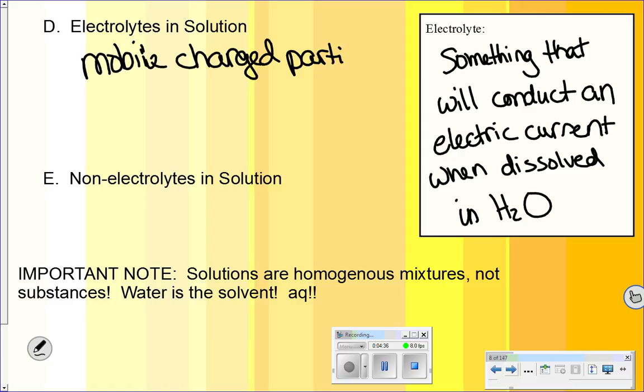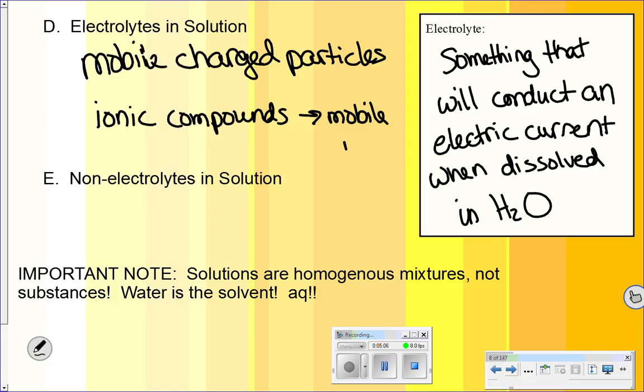We talked about this in the last unit. In order to conduct electricity, you need mobile charged particles. Our mobile charged particles in this case are going to be ions in solution. So things that are going to be electrolytes in solution are going to be ionic compounds, which will give us mobile ions when they're dissolved in water.